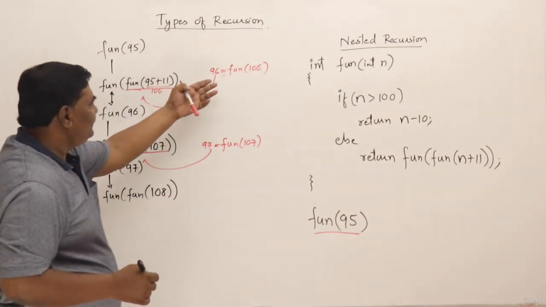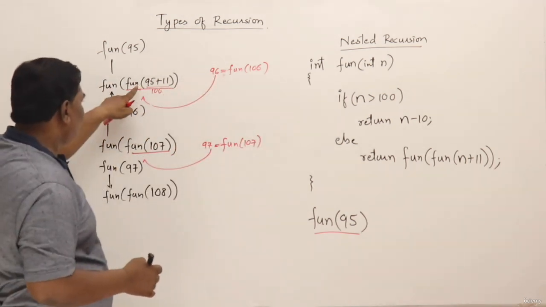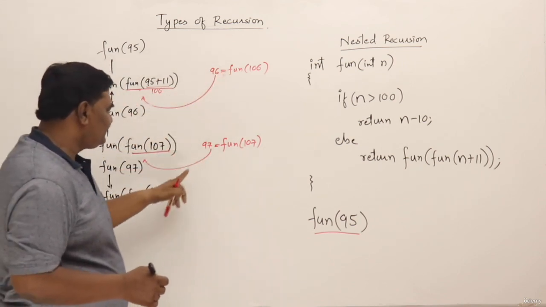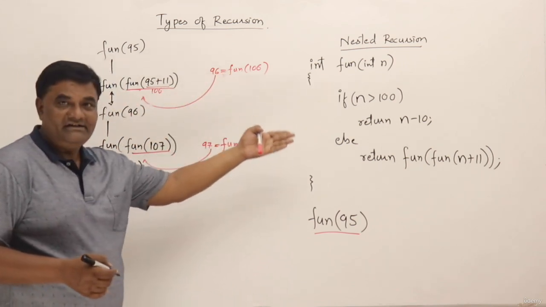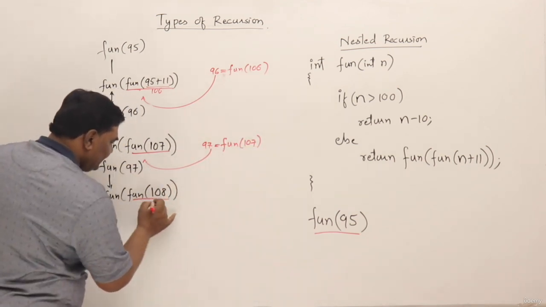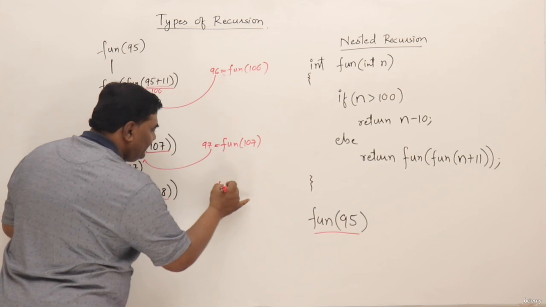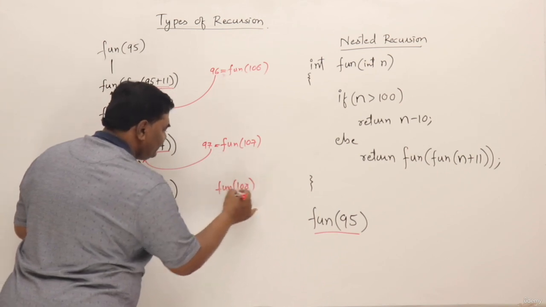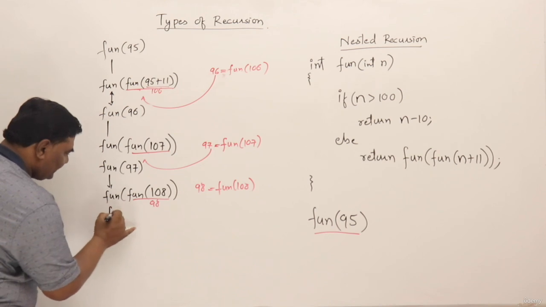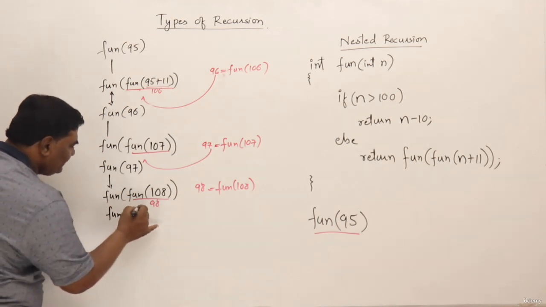Now as we have already seen these two calls, see this was 106, so it becomes 96. 107 became 97, so 108 will become 98. Instead of tracing it, I will directly write down this result. So fun of 108 is 98. So this function call becomes actually fun of 98.